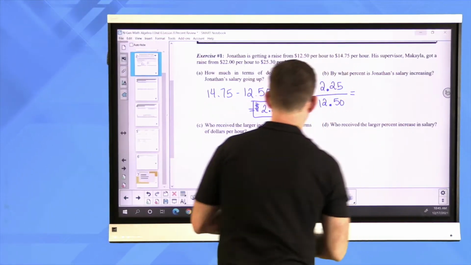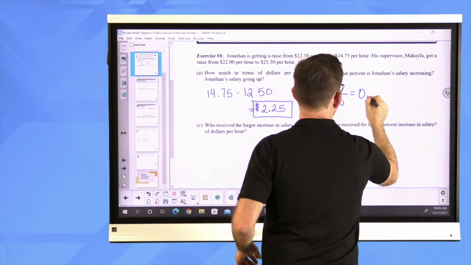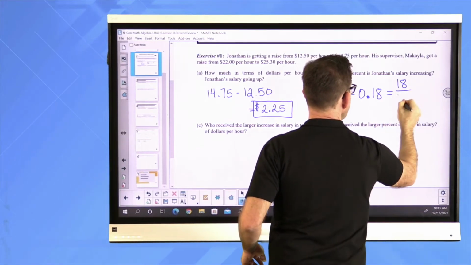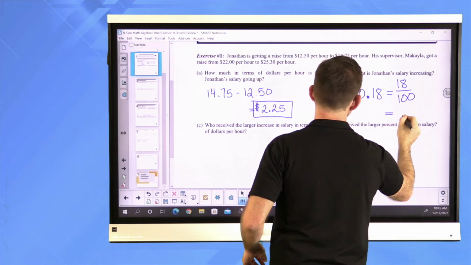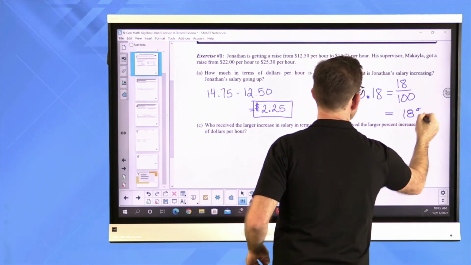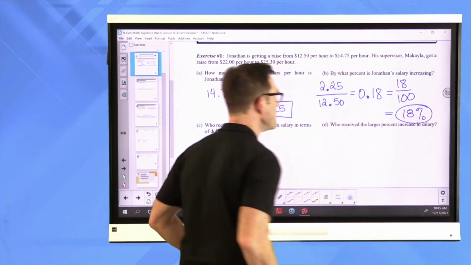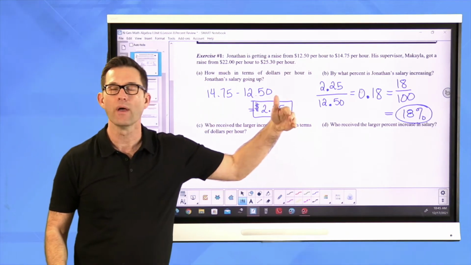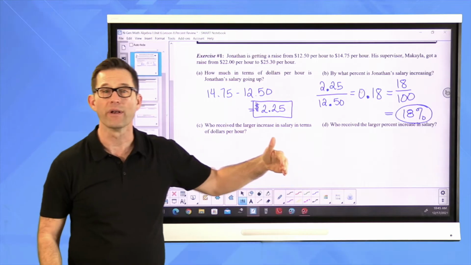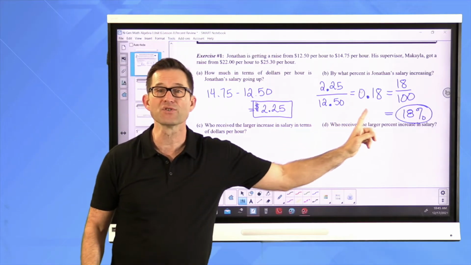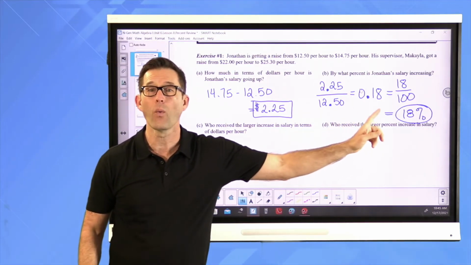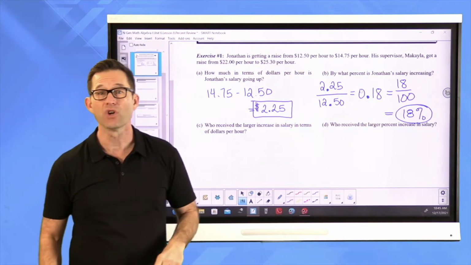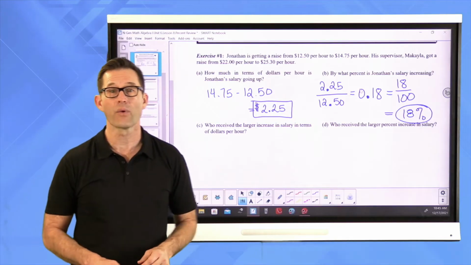Now, keep in mind, 0.18 is the same as 18/100ths, and 18/100ths is by definition 18%. So in other words, I'm just doing a ratio, but I need that ratio out of 100. Decimals are a great way to get there because 0.18 is 18 out of 100. So Jonathan got an 18% raise.